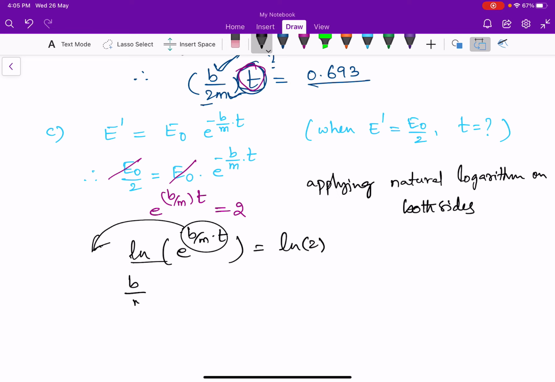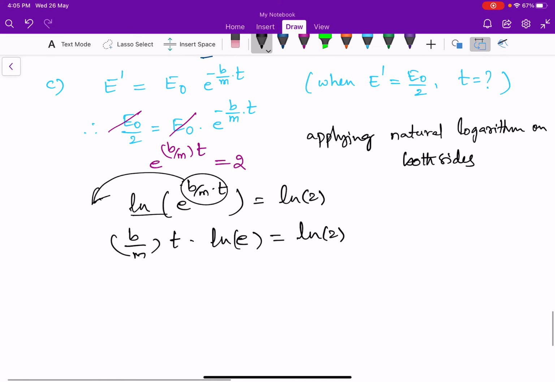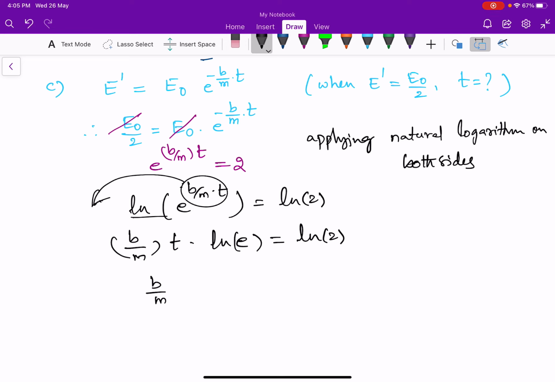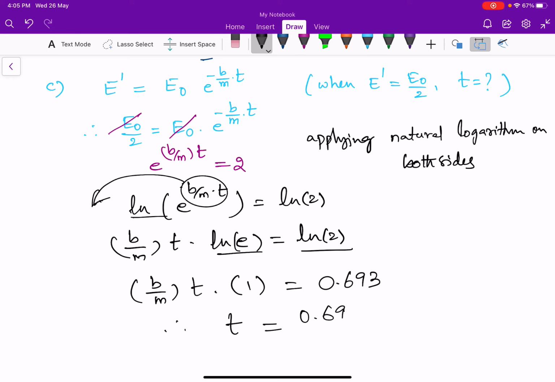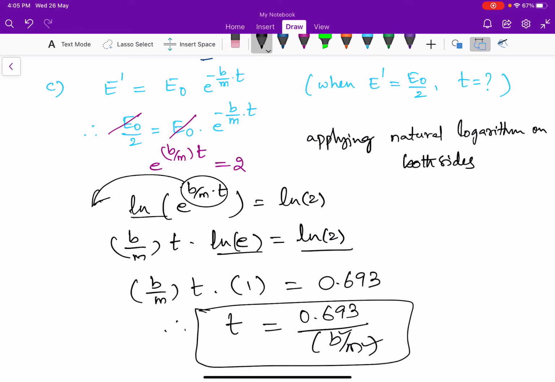So b by m into t into ln e is equal to ln 2. Here ln e is nothing but 1, and ln 2 is nothing but 0.693. Therefore t is equal to 0.693 divided by b by m. Here you know the b value and m value, so you can find the time. So this is the end of this lecture, students. Thank you.